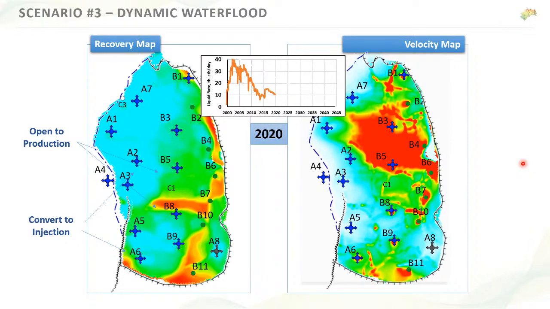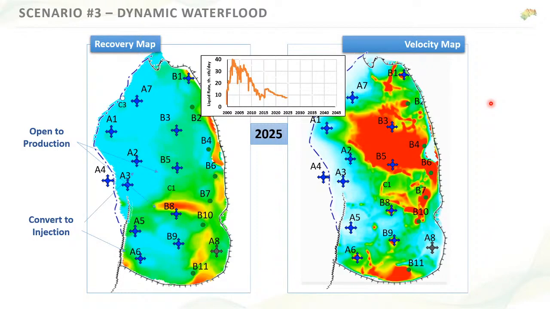But what we do is convert some of the producers into injectors in the middle part of the field. Based on this, we can see that in the initial period we got a big spike of production, and then we saw the decline.